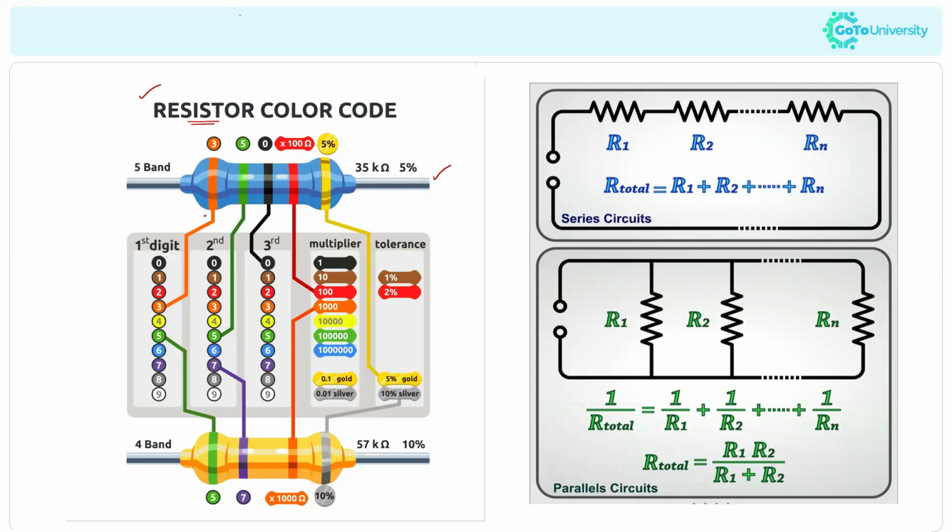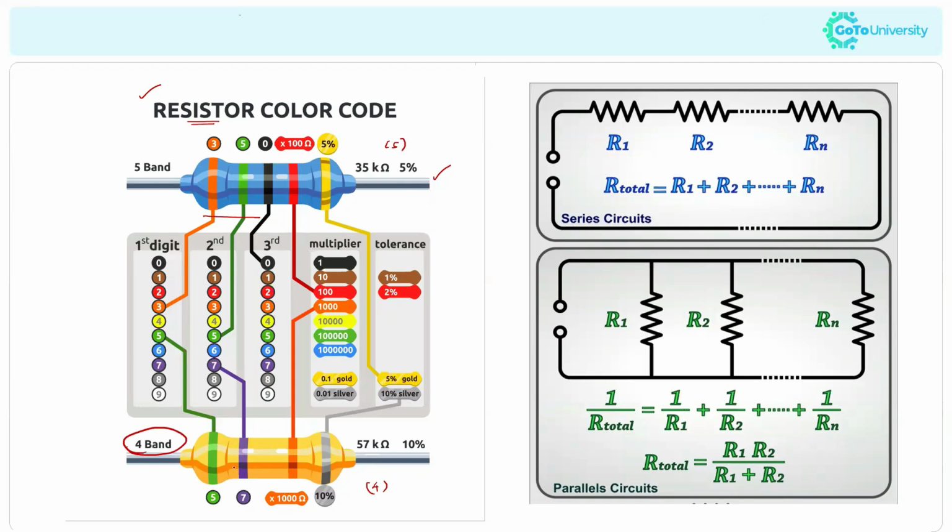So we have two types of resistor. The first type has four bands, and the next one has five bands. Let me explain the four band first.